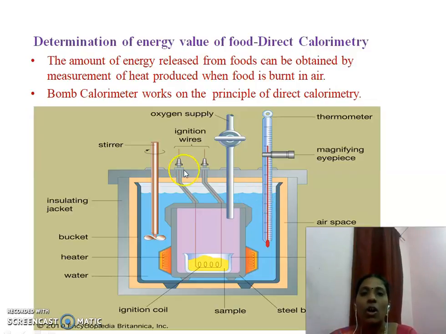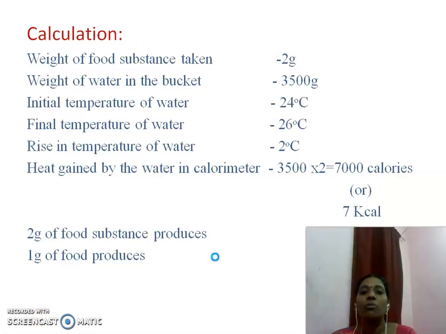Then close all the valves at the top except this oxygen supply valve. So with the help of the oxygen, the food which is present inside the crucible starts burning. When it starts burning, heat will be produced by the food.